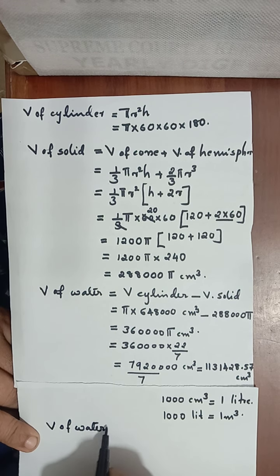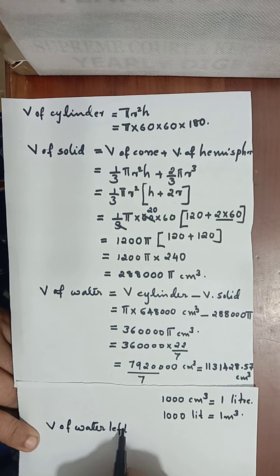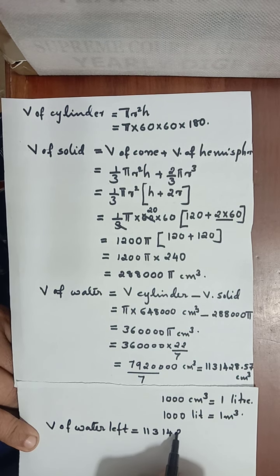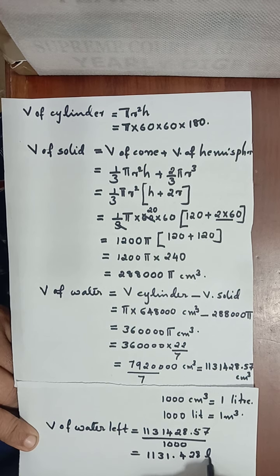So whatever value we got, volume of water left, divided by 1000, if we move the decimal to the left side, is 1131.428 liters.